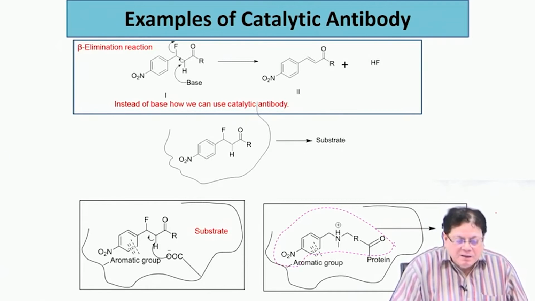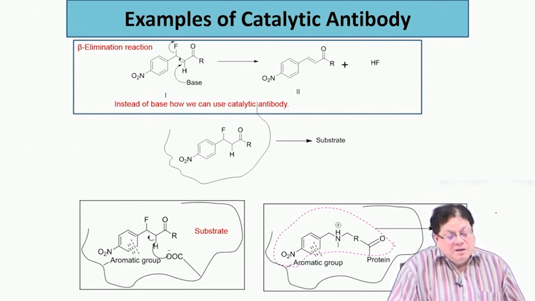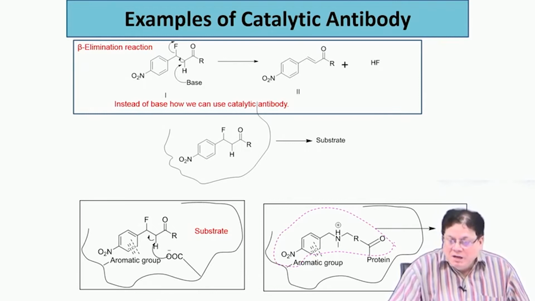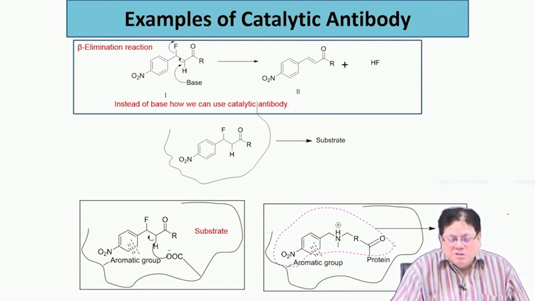Okay. Now, what are the different strategies to come out with the hapten design? The first strategy was really not the transition state analog, although the simplest strategy is, if you know the transition state, make an analog of the transition state, attach it to the protein, and generate the monoclonal antibodies. But that was not the initial study that was made.